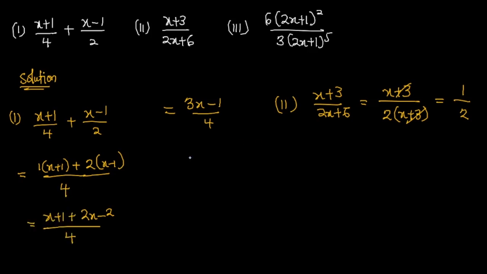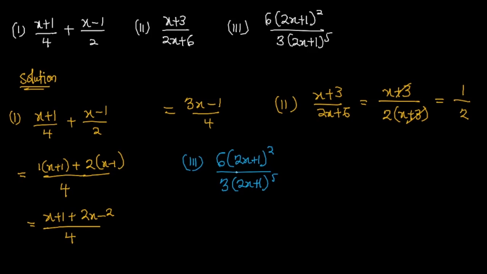So the last expression, we have 6 into bracket 2x plus 1 squared on 3, then 2x plus 1 raised to the power 5. As usual, we need to rewrite these expressions in a way that is easier for us to cancel some things out.